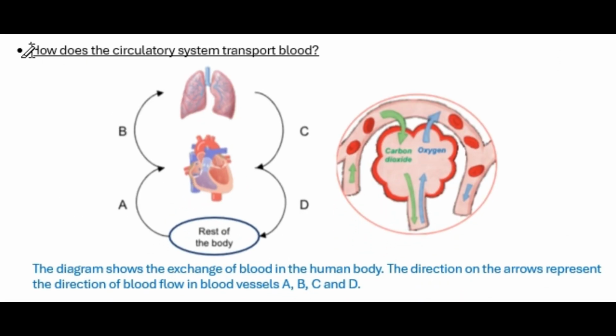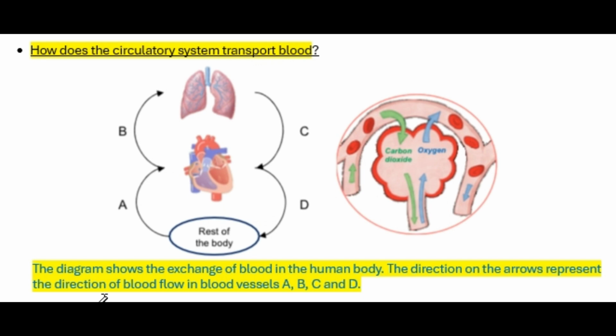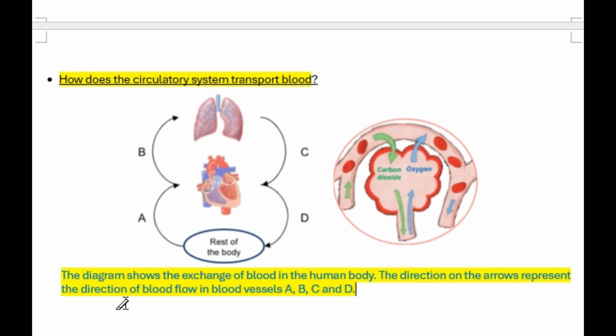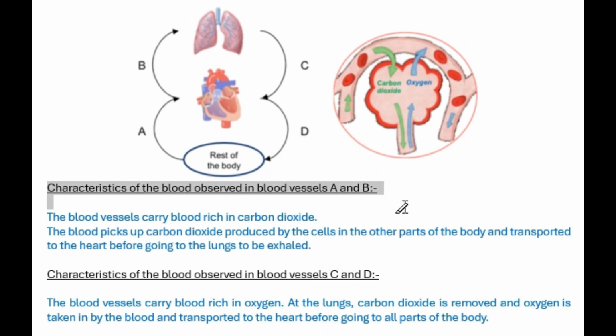How does the circulatory system transport blood? The diagram shows the exchange of blood in the human body. The direction of the arrows represents the direction of blood flow in blood vessels A, B, C, and D. Characteristics of the blood observed in blood vessels A and B. The blood vessels carry blood rich in carbon dioxide.